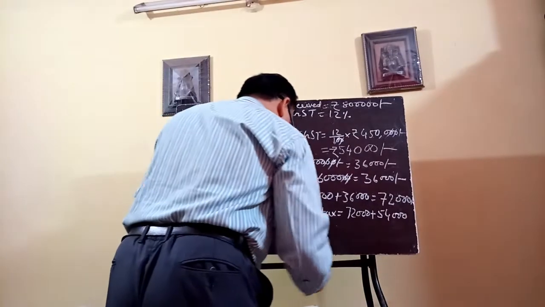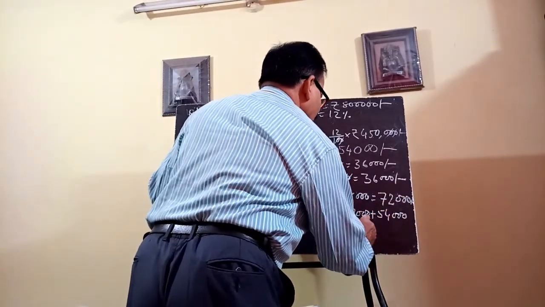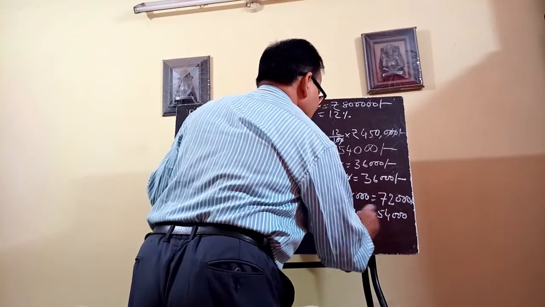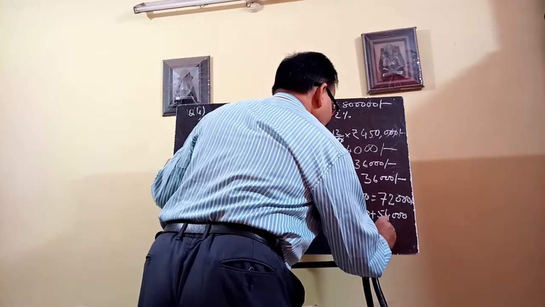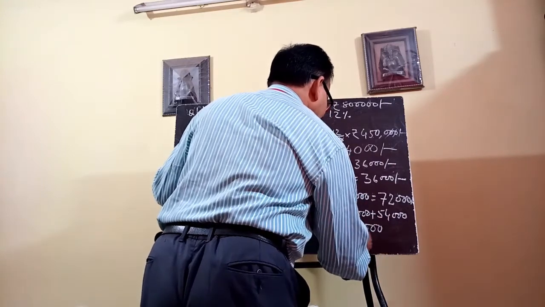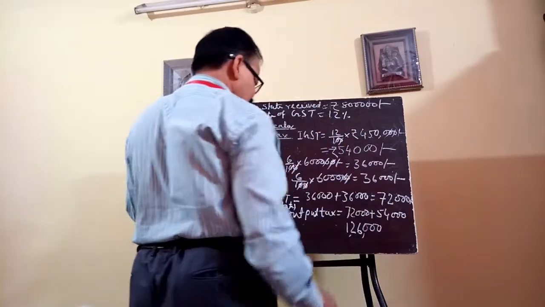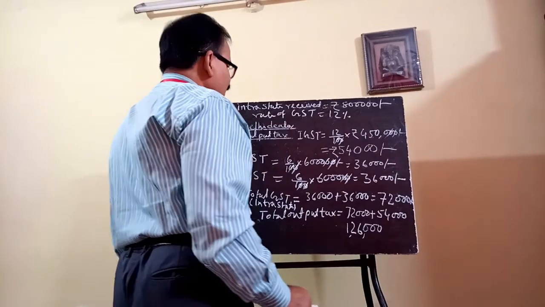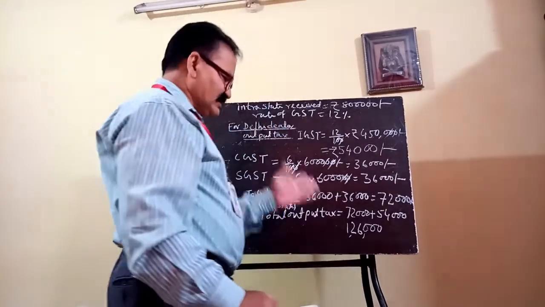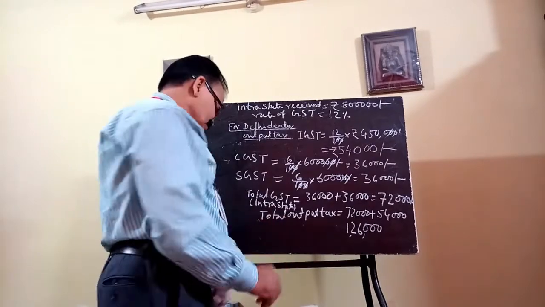If you add these two, this is your 1,26,000. 1,26,000 is your total output tax. That means the dealer of Delhi received this much of tax after selling the goods.